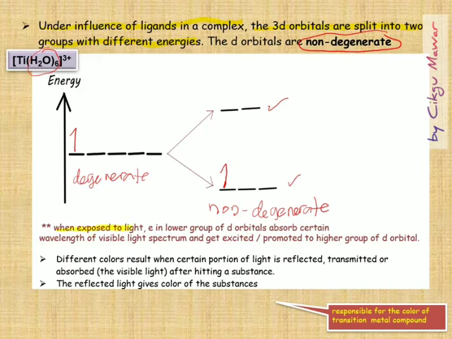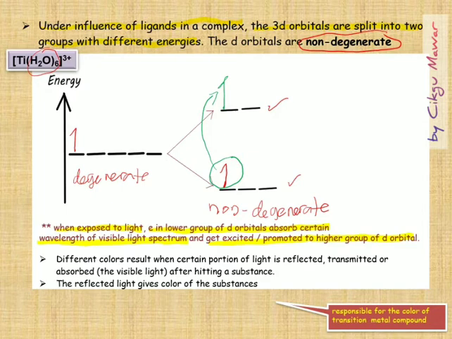When exposed to light, the electron in the lower group of orbitals will absorb a certain wavelength of the visible light spectrum and be excited, or promoted, to the higher group of orbitals.